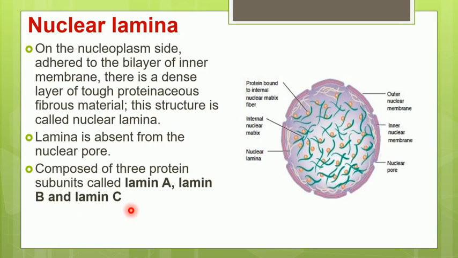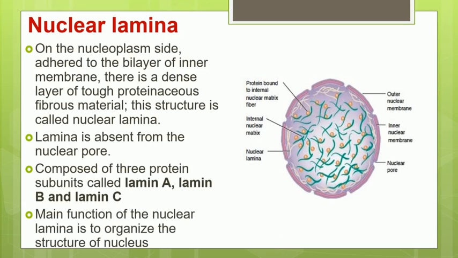And what is the function of nuclear lamina? It serves as an attachment site to the chromatin material as well as it gives the mechanical support to the nuclear envelope. So the main function of this nuclear lamina is to organize the structure of nucleus by giving it a mechanical support as well as giving the attachment site to the chromatin fiber.